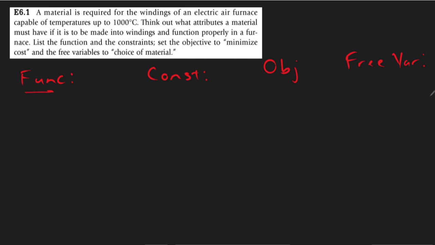So you want to use the material to make windings for an electric arc furnace capable of withstanding high temperatures up to 1000 degrees C. So the function is: high temperature electric arc furnace windings.